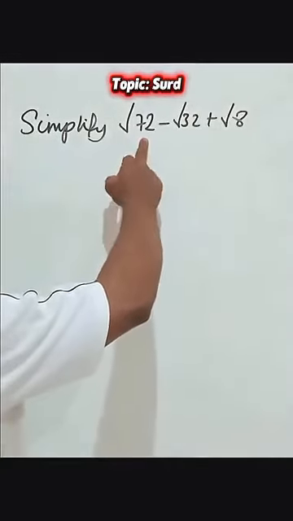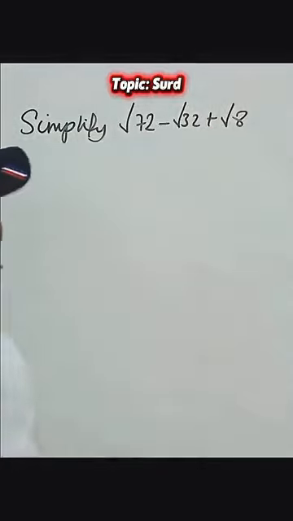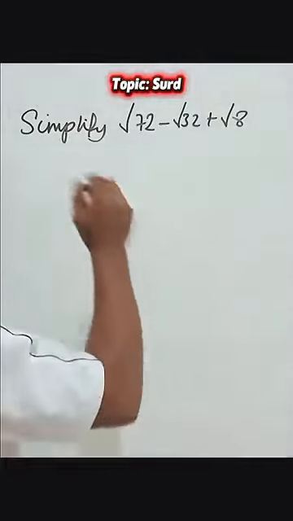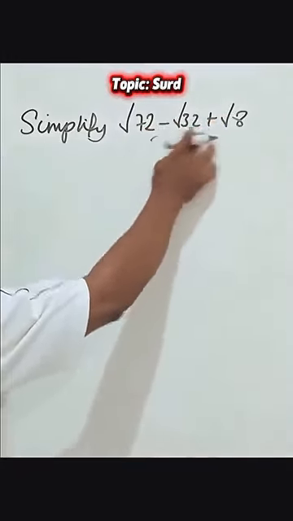Root 72 minus root 32 plus root 8. Now, to be able to do this, I need to make these surds have a common base so that I will be able to subtract and to add the surds.